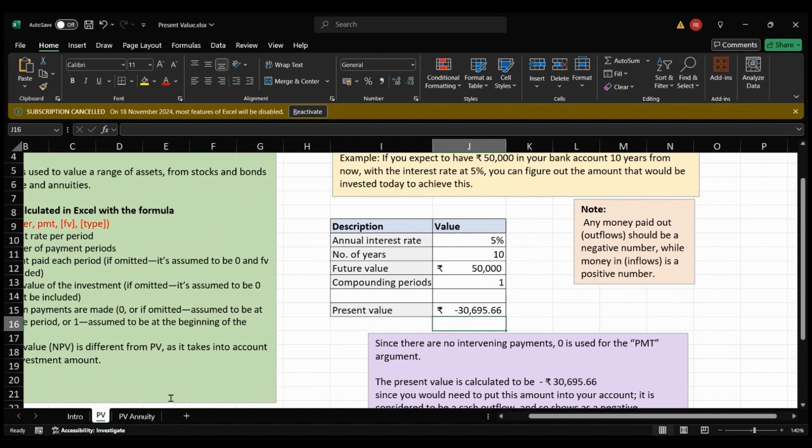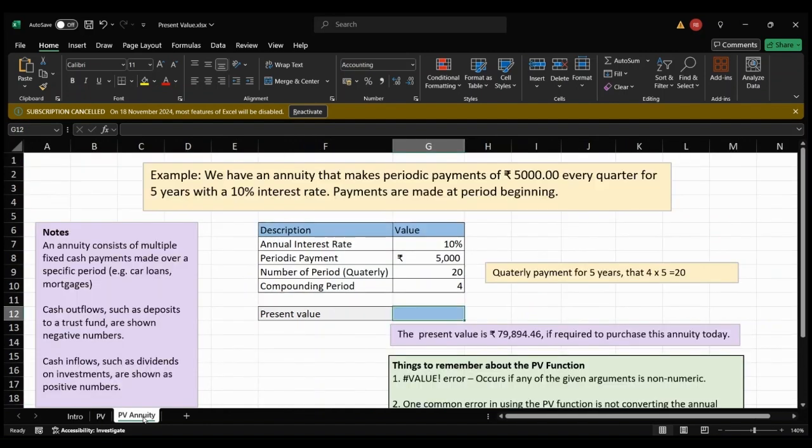Let's understand clearly with one more example. We have an annuity that makes periodic payments of 5,000 every quarter for 5 years with a 10% interest rate. Payments are made at the period beginning. So the two things to notice are every quarter and payment made at the period beginning.